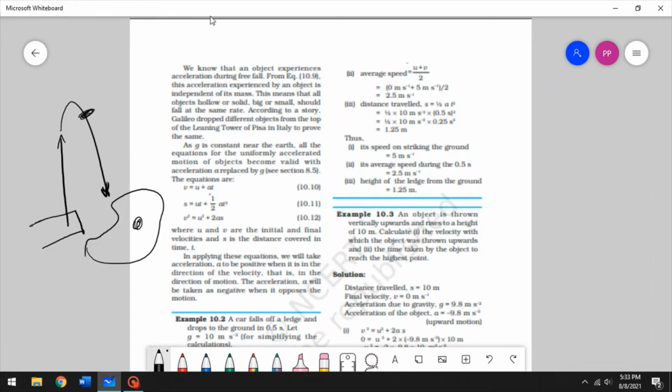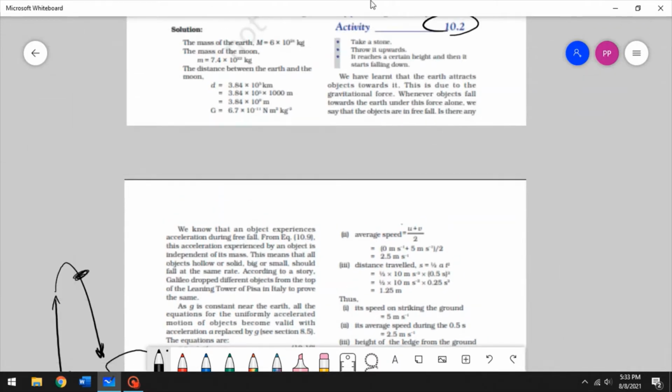The wind is more likely to blow away that feather than the metal ball, but the clause here says that whenever objects fall towards the earth under this force alone, there is no effect of the wind. You should not consider the effect of the wind.